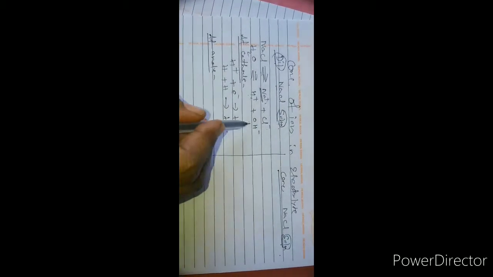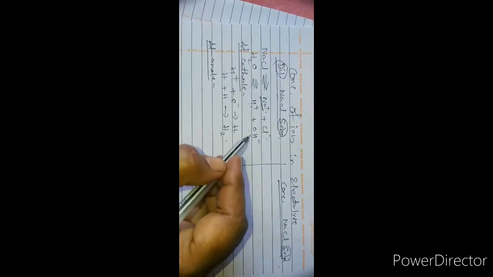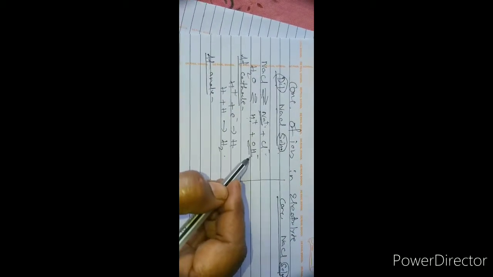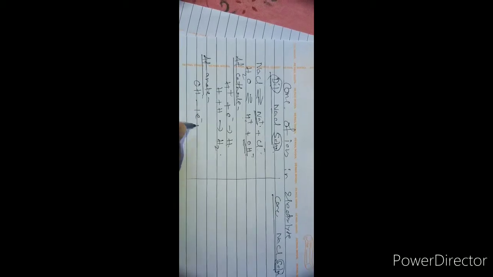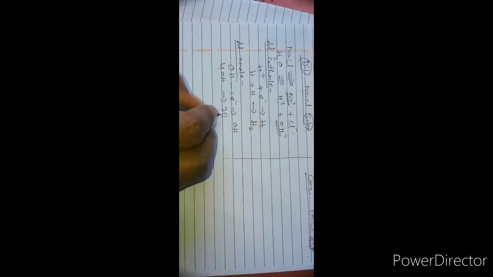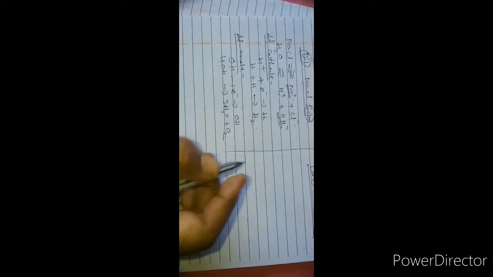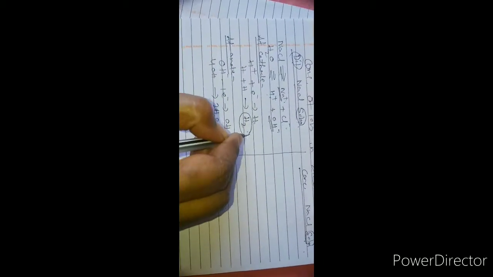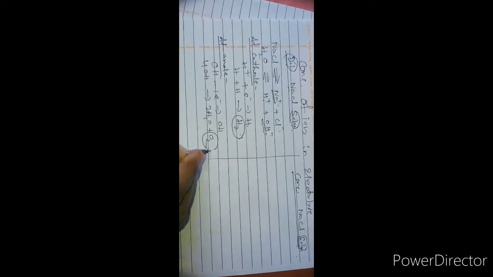The anode reaction: who is here? The concentration of OH- will be more. So OH- minus 1 electron gives OH, and such OH gives rise to water and oxygen. So what is liberated at cathode and what is liberated at anode?